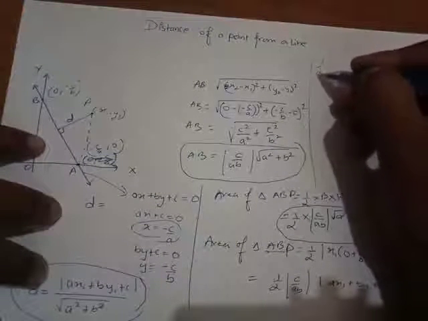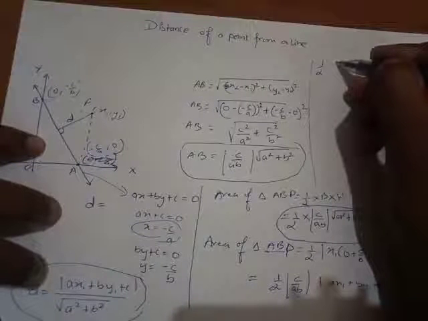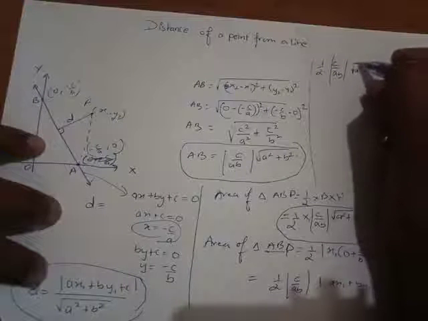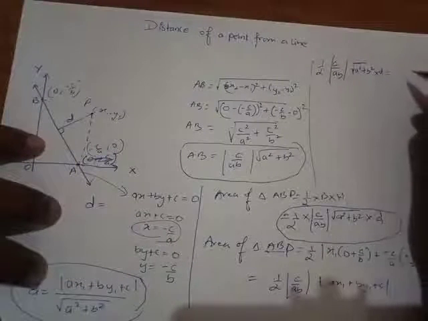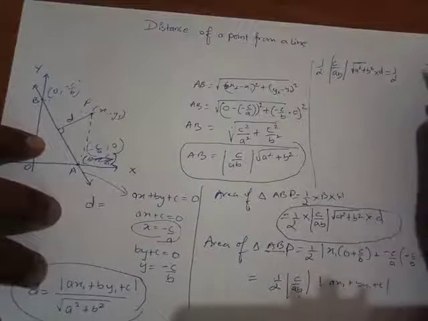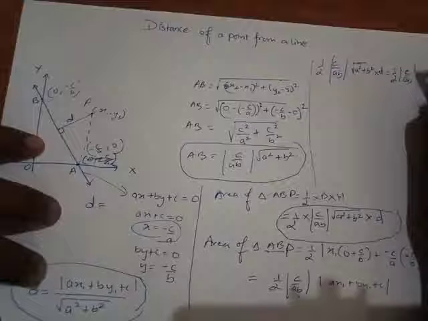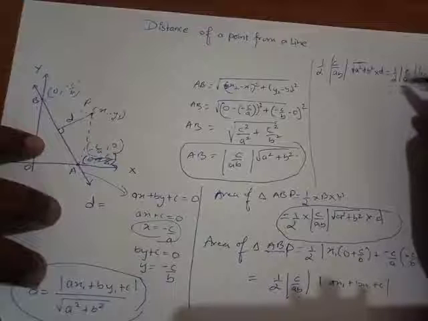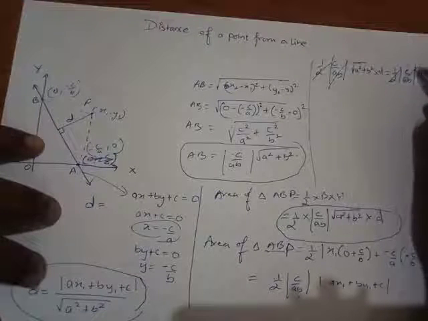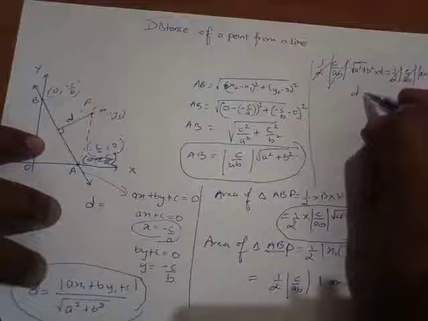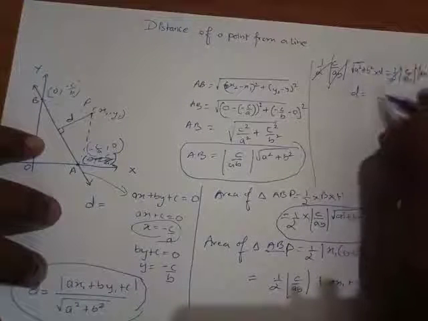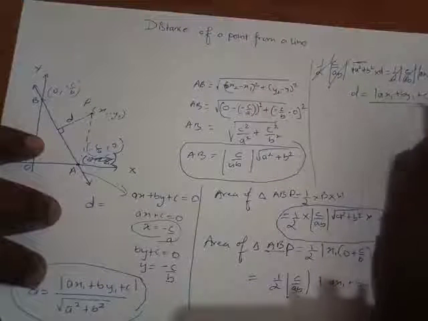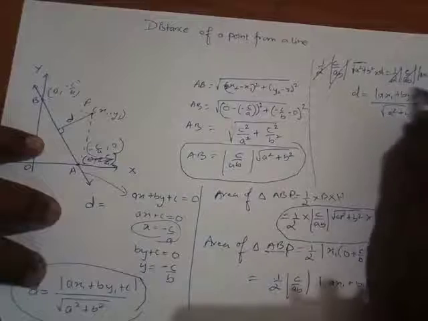So half, c over AB, and then a square plus b square into d, equals half, I'm keeping this also, c over AB, and then ax1 plus by1 plus c. This and this can be cancelled. What is left? d is here, and my main aim is to find d, so I'll leave d alone and take the rest below. So what's the formula? d equals ax1 plus by1 plus c upon a square plus b square.